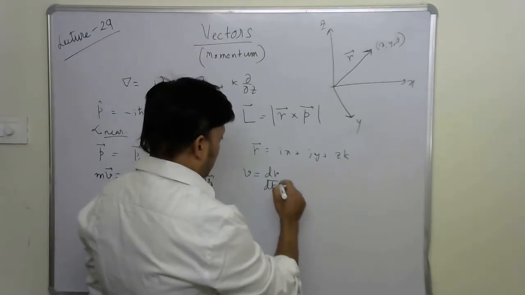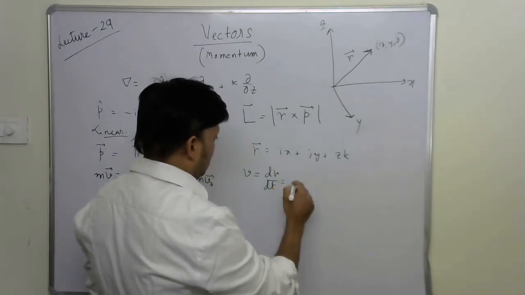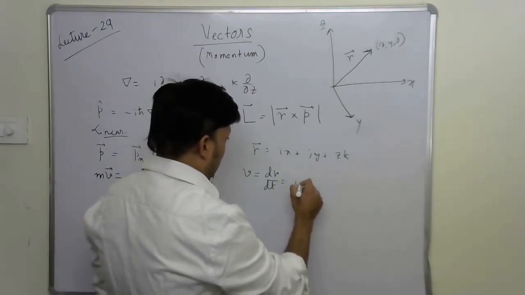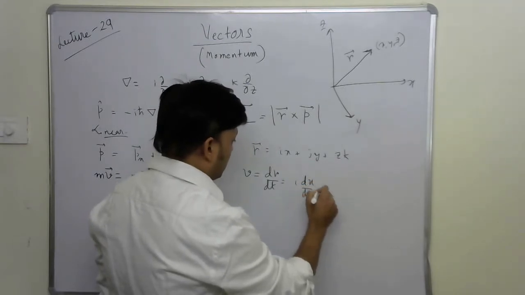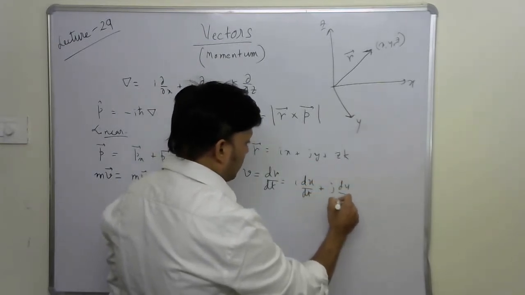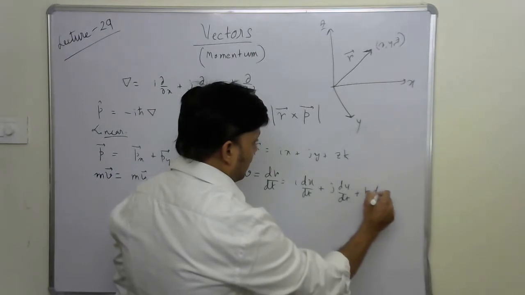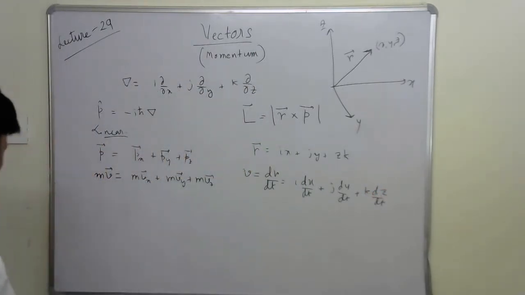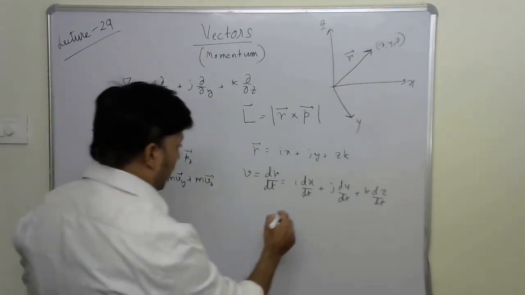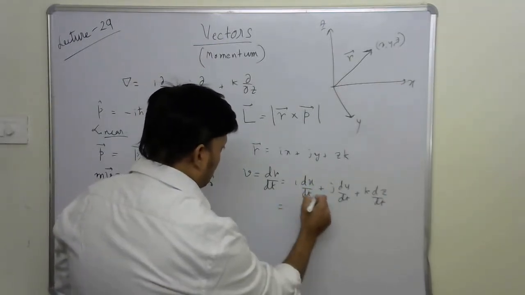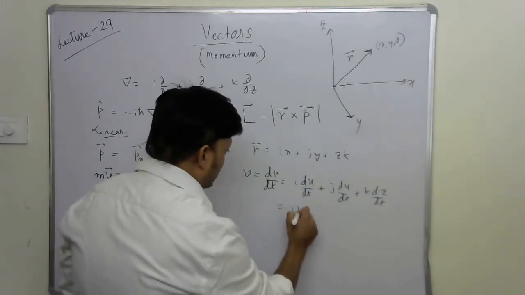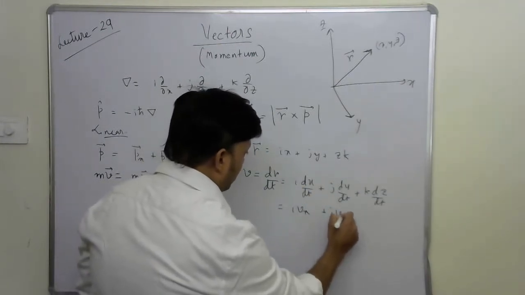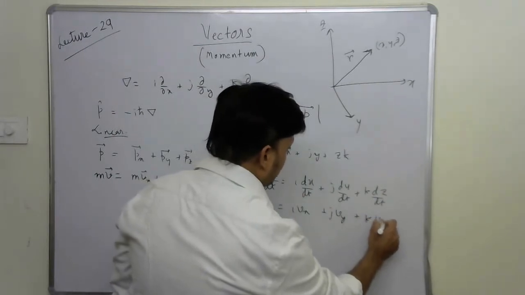So once again, dr/dt can be represented as i dx/dt plus j dy/dt plus k dz/dt. And similarly, we can write this part as i Vx plus j Vy plus k Vz.